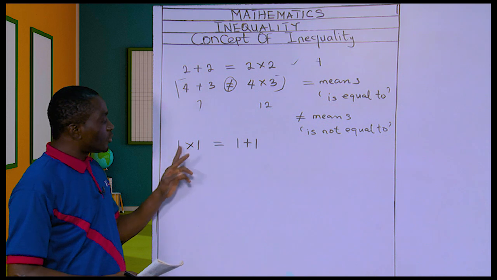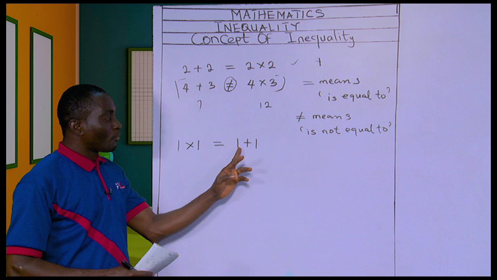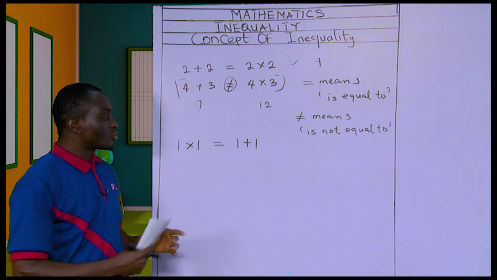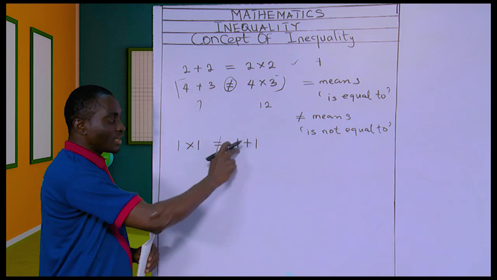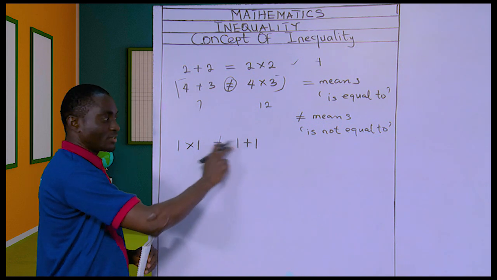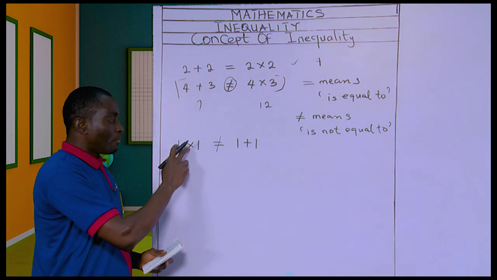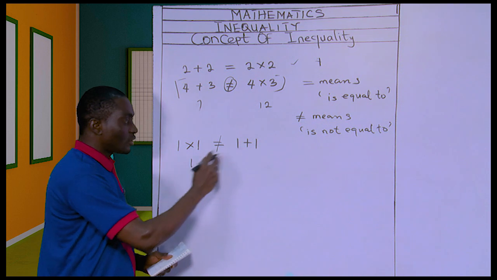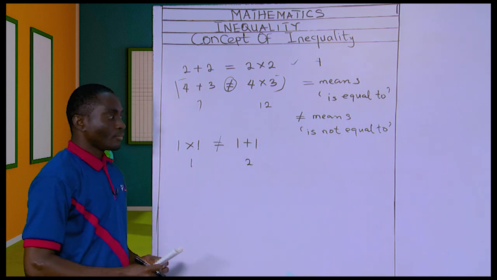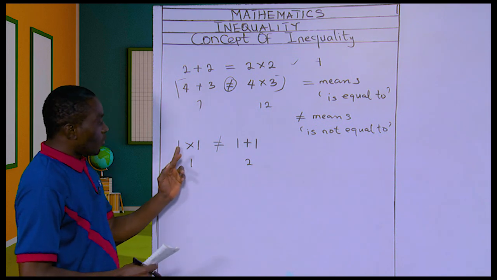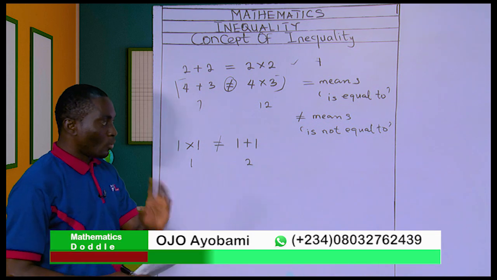Because the product of 1 and 1 gives 1, but the sum of 1 and 1 gives 2. So these two expressions are not equal. 1 multiplied by 1 is not equal to 1 plus 1.